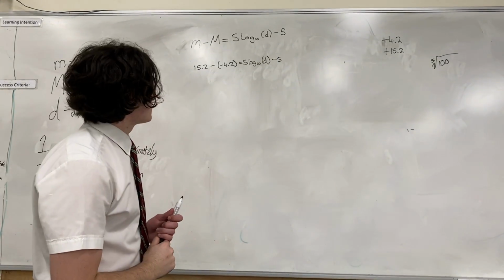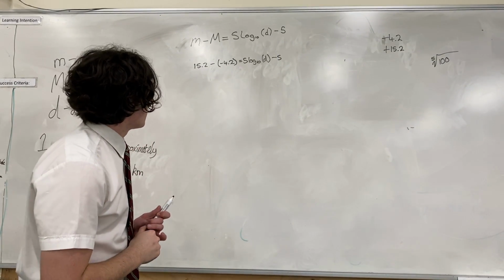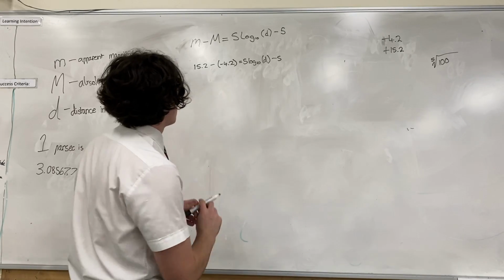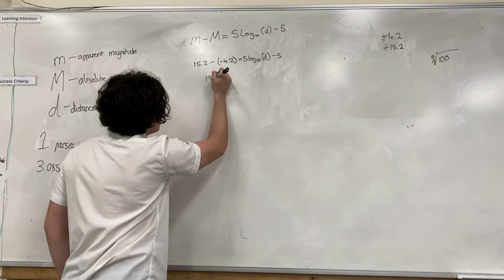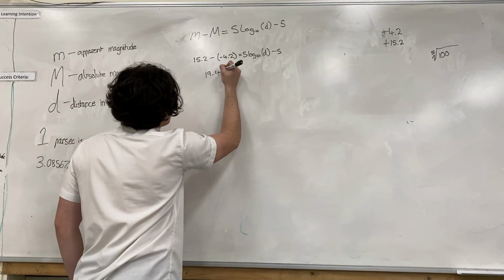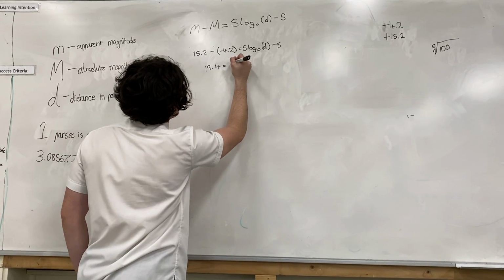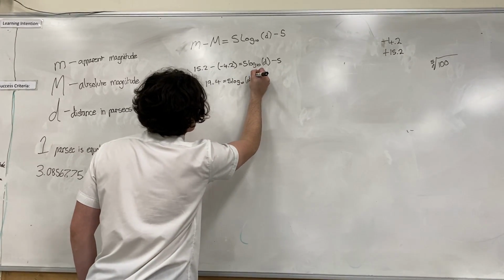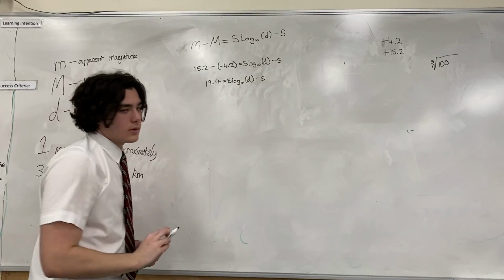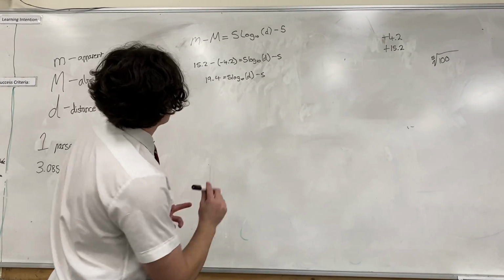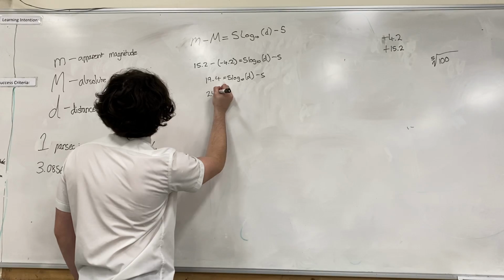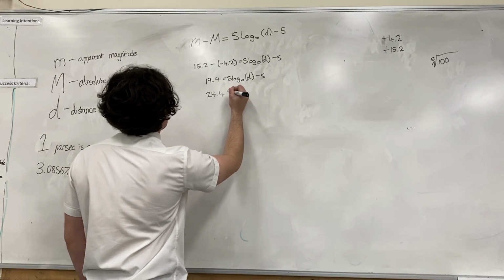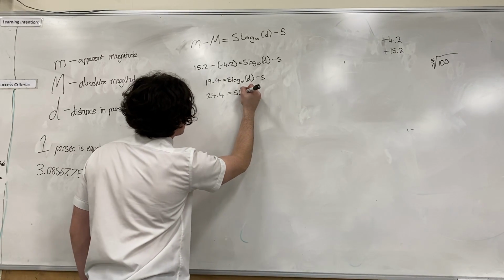Now that we've got that, this will add together, so I've got 19.4 equals this again. Plus 5. Then we can add this 5 across: 24.4 equals 5 log 10 d.